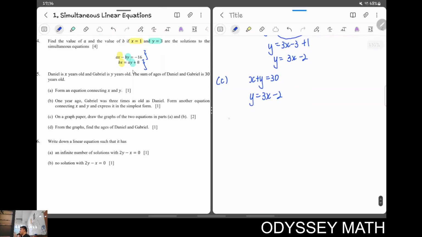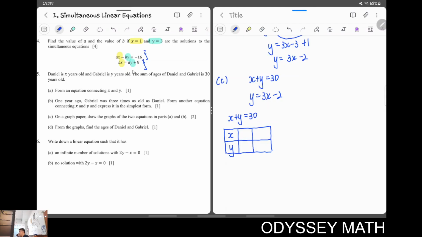If the question never provides any context, I teach you: you write down the equation above the table here. The table you draw yourself. Some students ask me, teacher, do I need to draw the table or not? If the question provided you with the table, you don't have to. Else you have to draw it yourself.